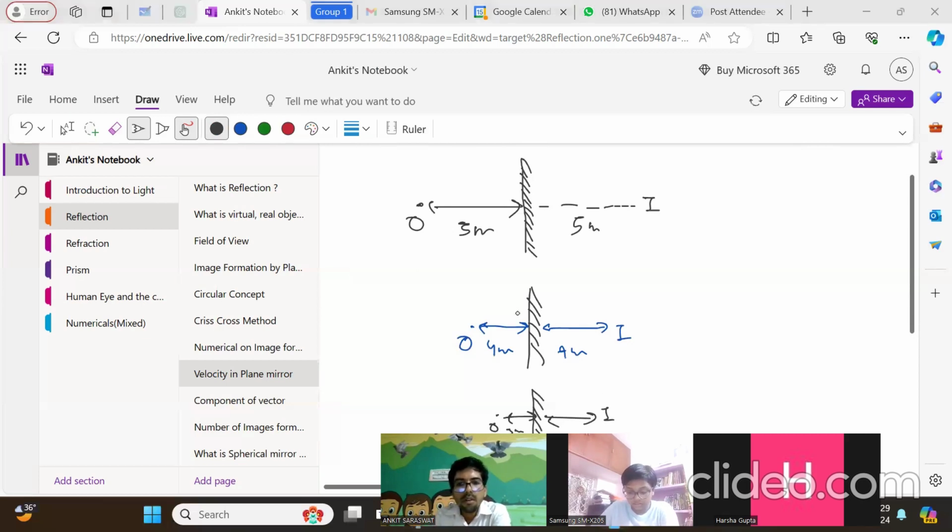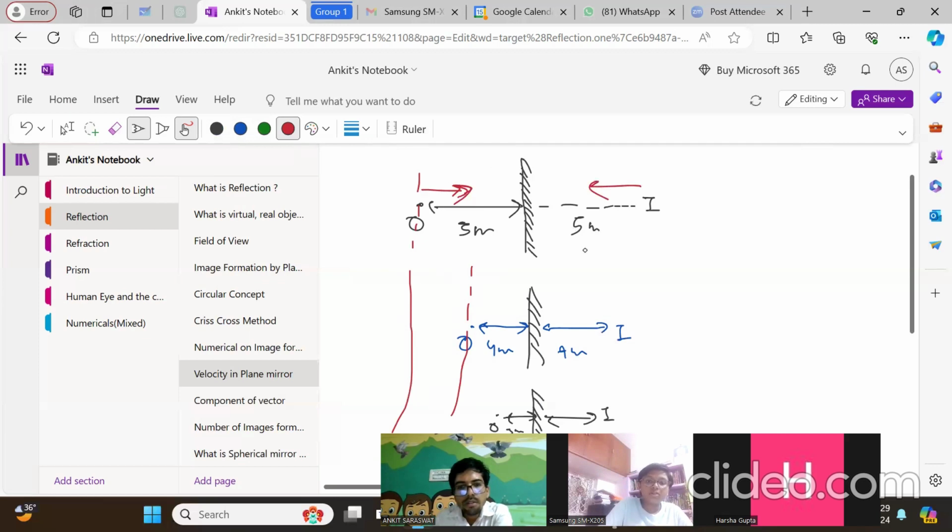Now did you notice one thing? Initially this object is 5 meter. If this object is going like this, then the image is coming like this. Do you notice?